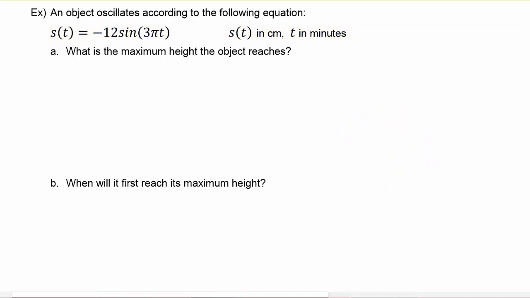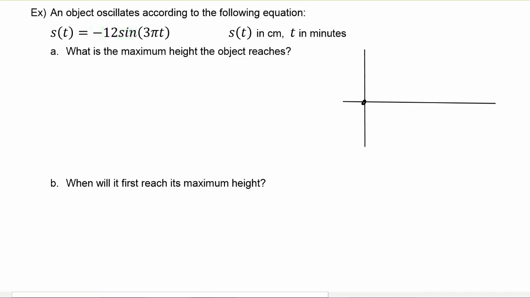I think it will benefit you to draw a little picture of what's happening. It just helps you think a little easier. We know that we're going to have a negative sine wave.